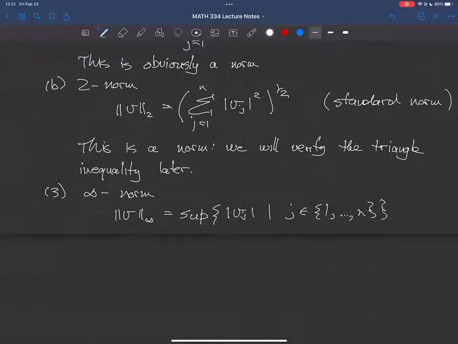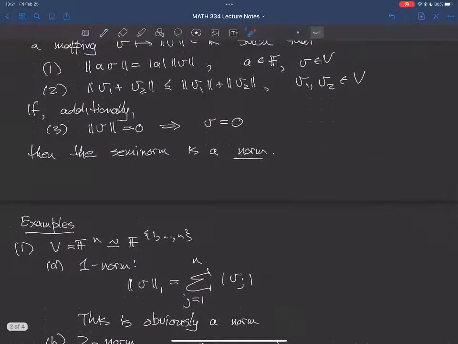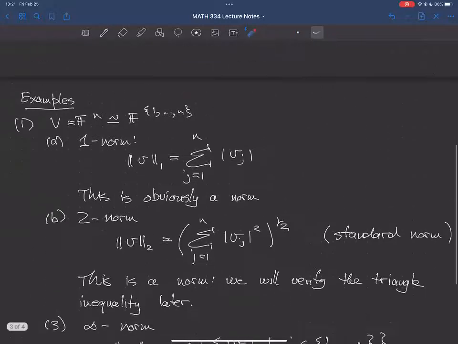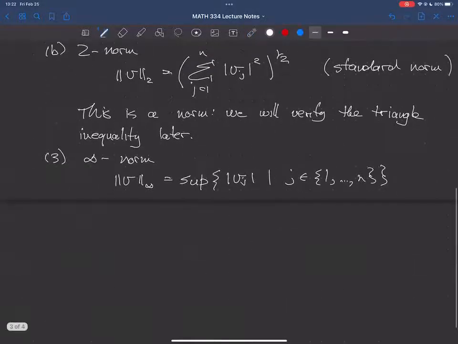All right, let's verify the norm property. This one's clear. If you stick a constant in there, it pulls out with an absolute value up front. The triangle inequality, well, let's verify it.